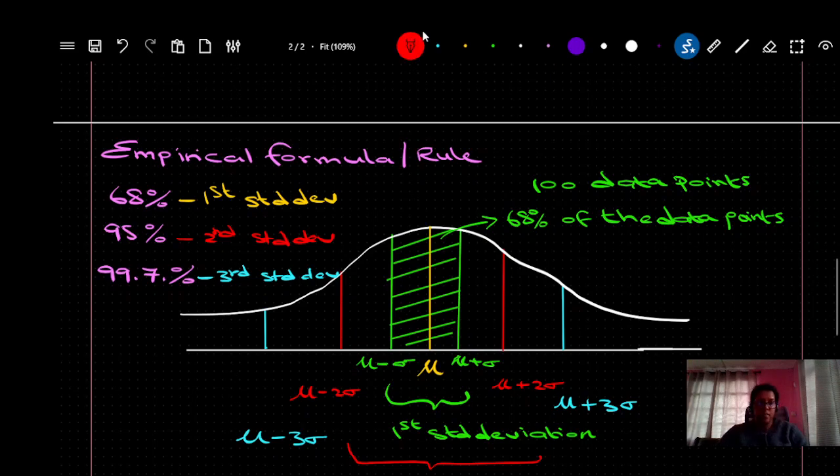Then, moving on, here it says 95% of the data points lie within the second standard deviation.